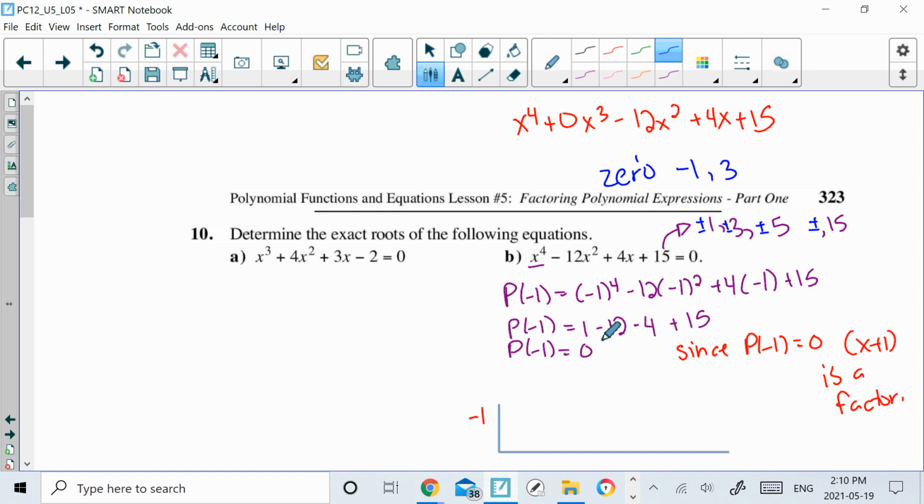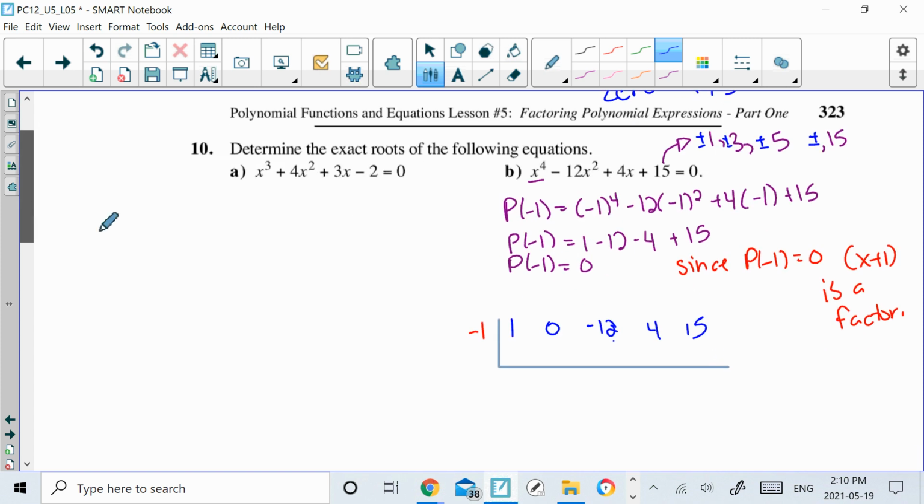So taking the coefficients would be 1, 0, -12, 4, and 15. So 1 times -1 is -1, add and you get -1. Here you get a 1, add and you would get -11. Multiply, you get 11, add, you get 15. Multiply and you get -15, add and you get 0.